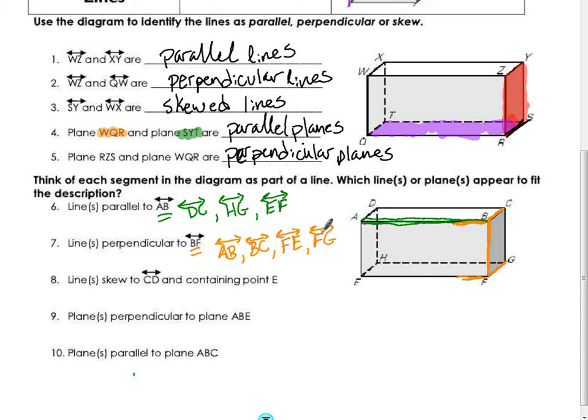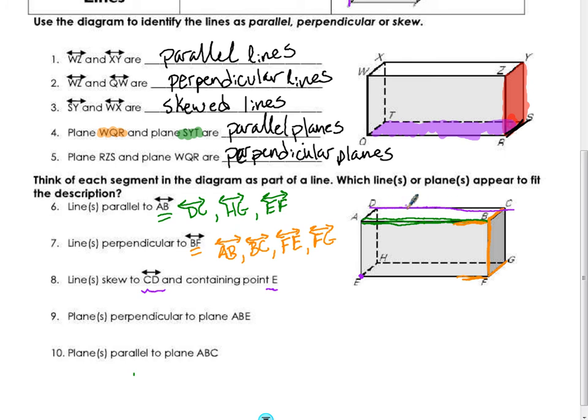Now if I'm looking for skew, and we'll use a different color here, we did green, we did orange, let's do purple. Skew to the line CD, but they have to contain the point E, so point E has to be part of it. And this is CD, right here in the back. So if CD is right in the back there, and we need to contain the point E, we need to think of lines that are not on the same plane as CD, but will never intersect.